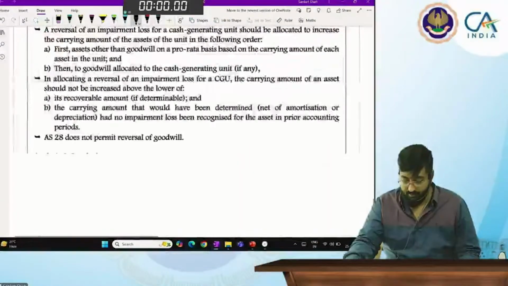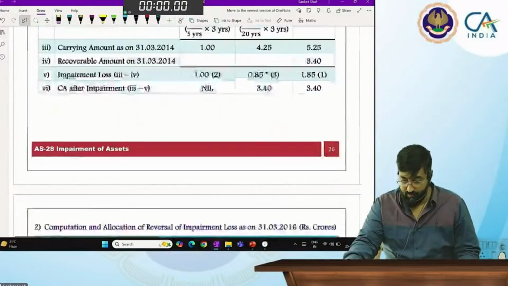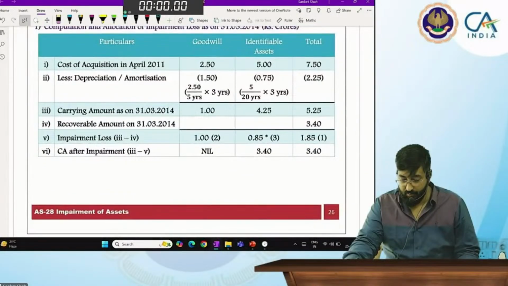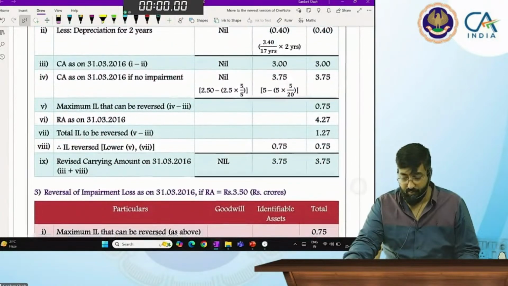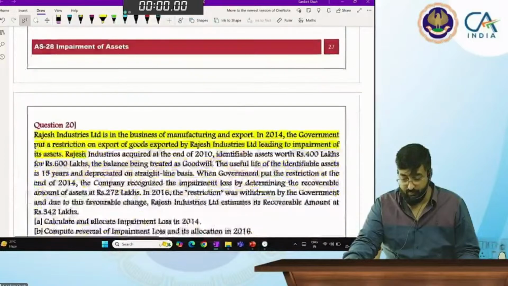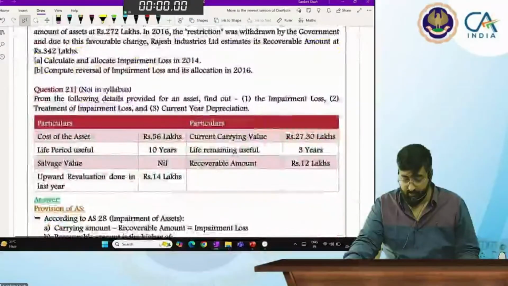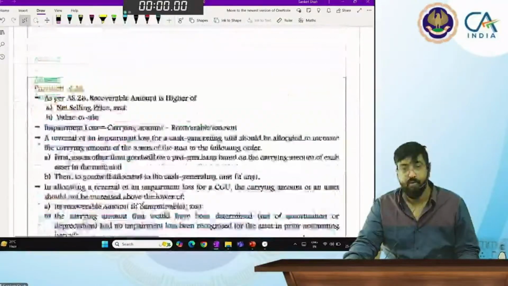Answer is: carrying amount is... impairment loss is 1.85 and you will adjust it against goodwill 1 and 0.85 against identifiable assets. Now I will tell you this provision. Okay, so see this provision now.